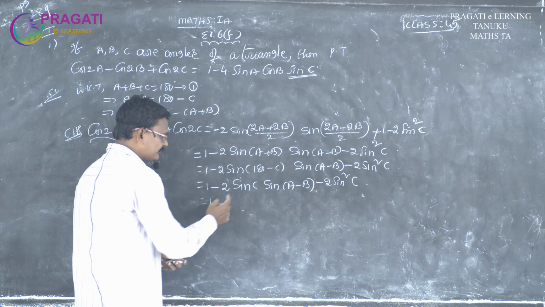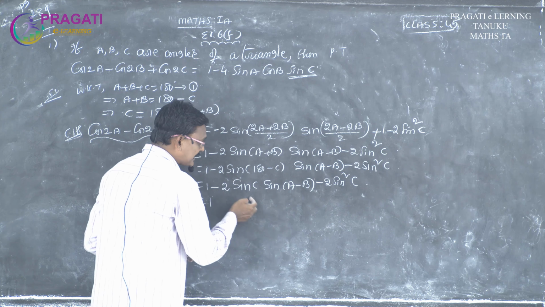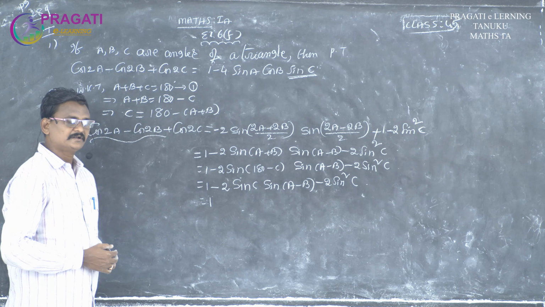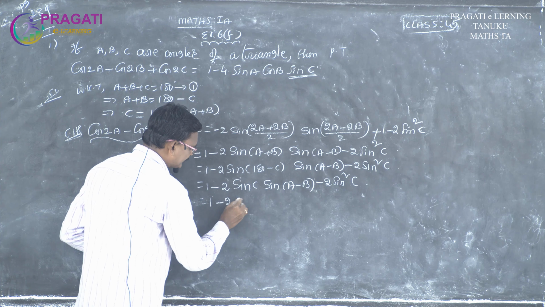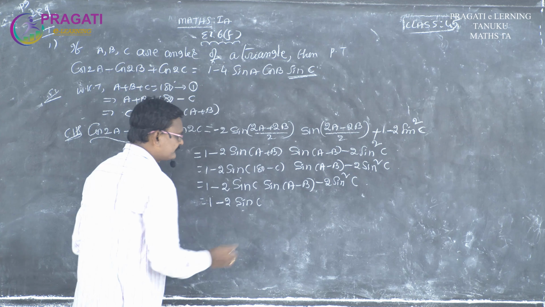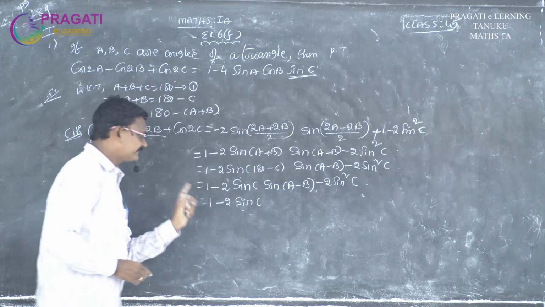Like in the previous problem, from this we can take a common factor. Here the common factor is the constant 2 and also sin C. Finally, minus 2 sin C is the common factor.